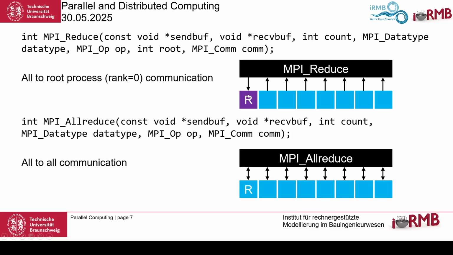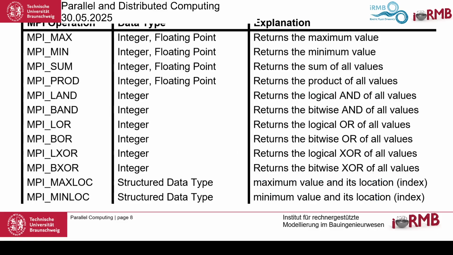There's also the function allreduce. So allreduce is different in as much as it does not only send it to one master process, but it sends the result to all of the processes, so that all the processes can go on with the same value. Now, the operations that we can specify here are, for example, maximum, minimum, sum, product, land, what is this?